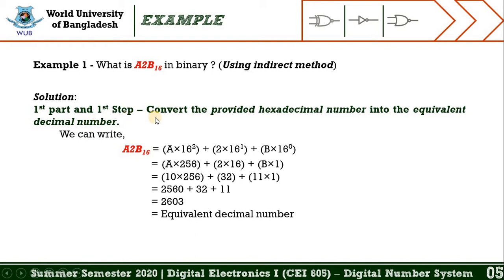First part and first step: convert the provided hexadecimal number into the equivalent decimal number. The given hexadecimal number is A2B, and the base of the hexadecimal number is 16.